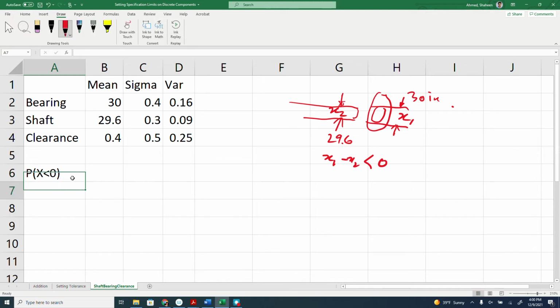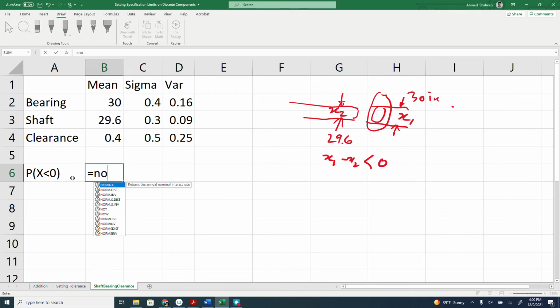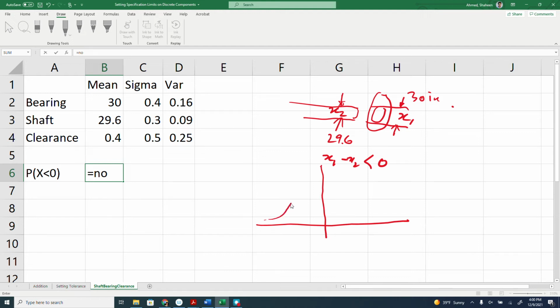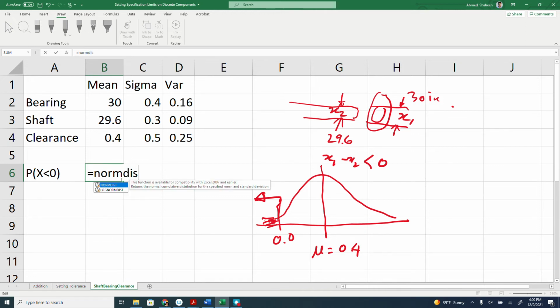It's a very simple function in Excel called NORM.DIST that will give me the probability. Let me first show you what we are trying to find out. In a normal distribution, assuming that all these parts, bearing and shaft, you are producing, the clearance will be normally distributed. The mean clearance is 0.4, and let's say this is 0, so anything less than that is not going to fit. So all we are going to do is find the probability of less than 0.